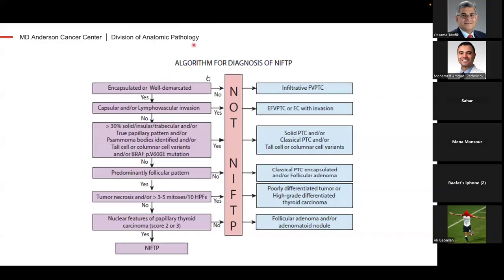John Dix has a question about whether NIFTPs have mutations detected on Afirma or ThyroSeq. In other words, can we have nuclear features of PTC without mutations? That's a good question. The problem is it's cytology, right?